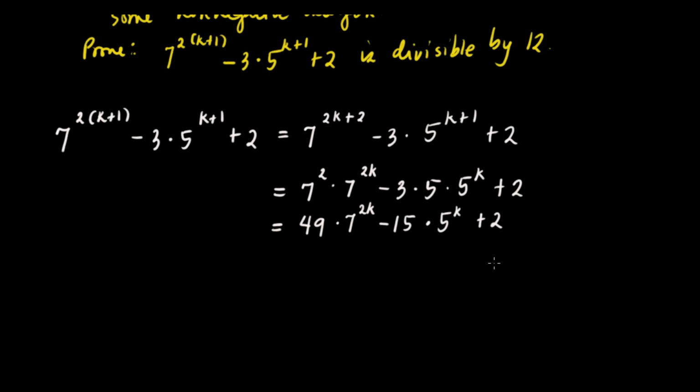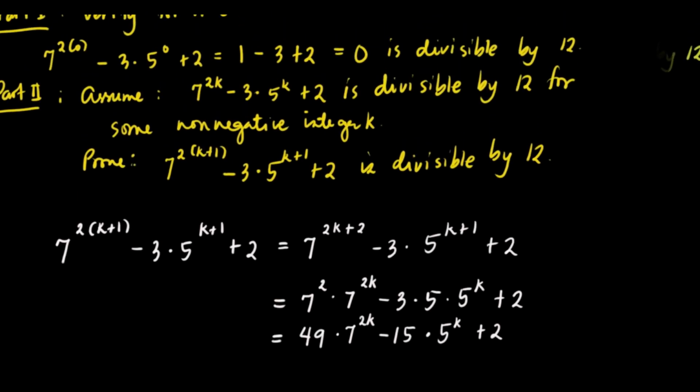Pero ang technique actually ay palabasin from this expression over here. Kailangan natin na mapalabas na itong part na to sa inductive hypothesis, na 7 raised to 2k minus 3 times 5 raised to k plus 2. Mapalabas natin siya dito. And then, yung maiiwan, actually, magugulat kayo na divisible din yan by 12.